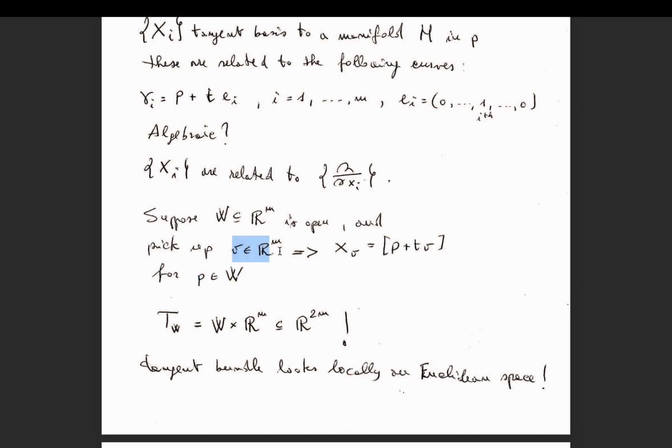So TW, the tangent bundle, is actually equal to W product R^m, and is a subset of R^2m. Basically this. So now we know how a tangent bundle looks like locally on a given real Euclidean space.